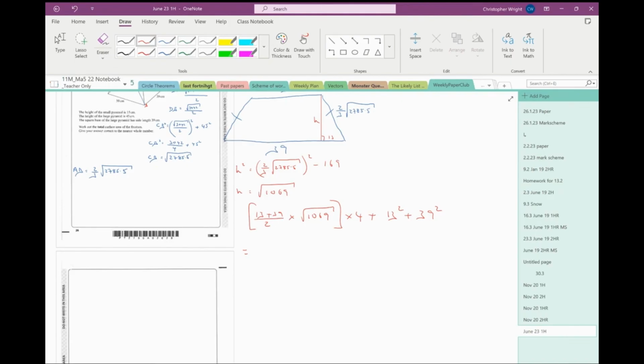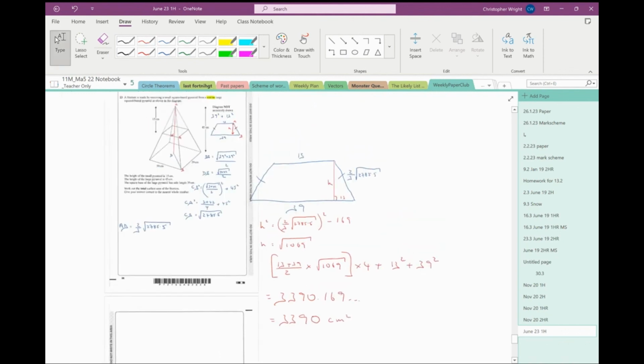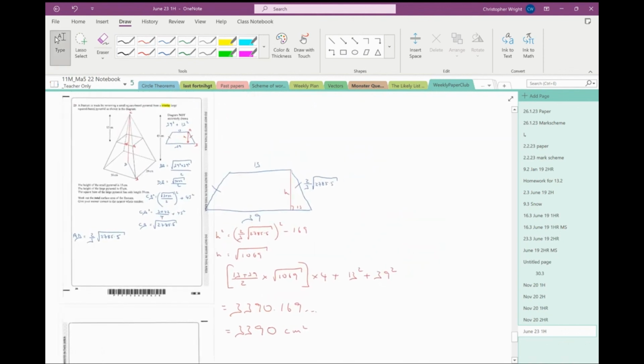Gives me an answer of 3,390.169 and so on, and I was asked to give the answer correct to the nearest whole number, so my answer will be 3,090 square centimetres. And that is my solution for number 23.